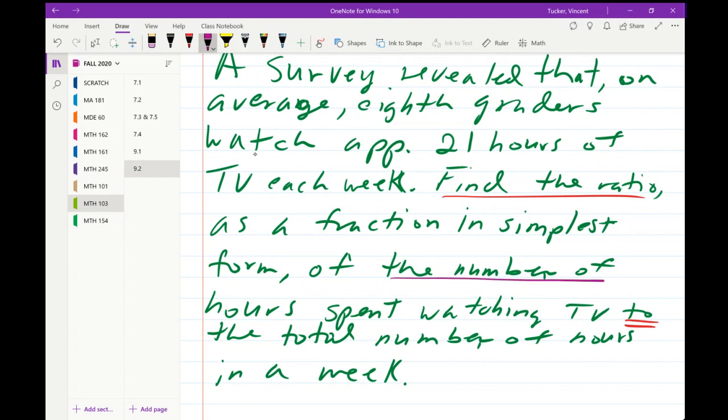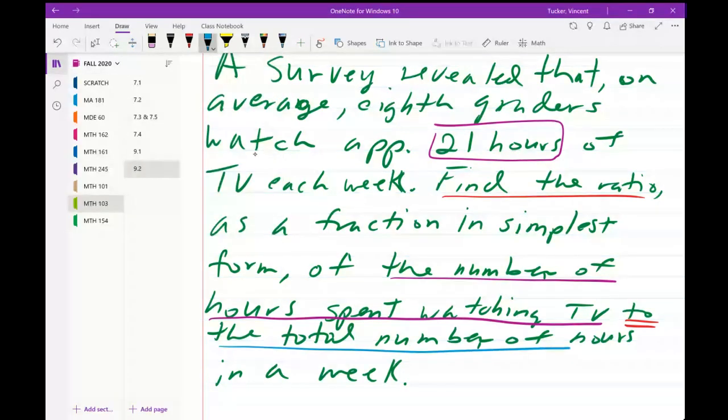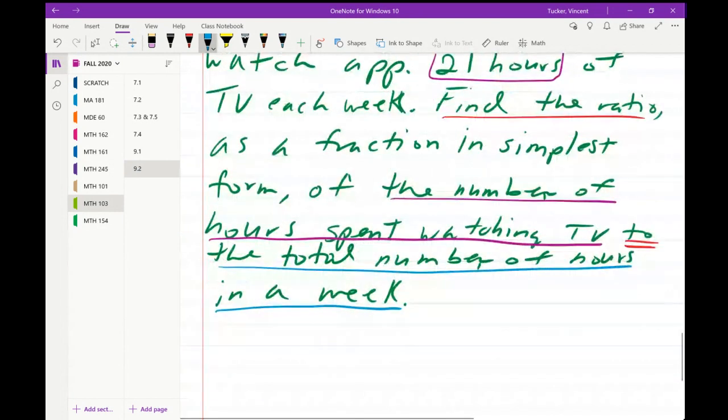So we're looking at the number of hours spent watching TV, which we know is 21 hours, and then on bottom, the number of hours in a week. So we know our top number is the 21 hours. Now we need to make sure we know how many hours there are in a week.